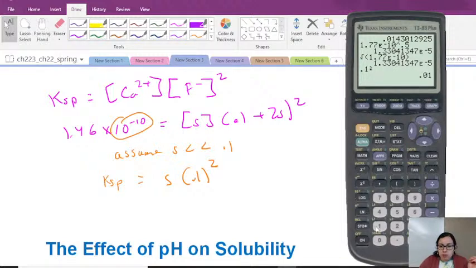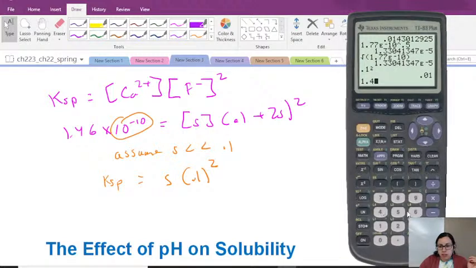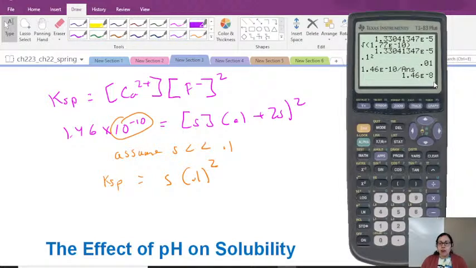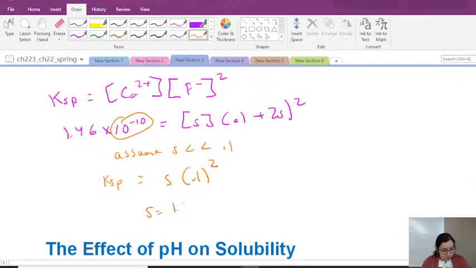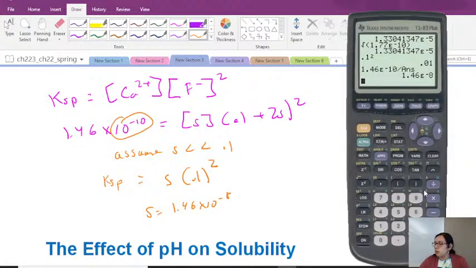Now I'm just going to plug this in, and I get this value for S, 1.46 times 10 to the negative 8, which is pretty small. If we want to check that with our assumption, compare it to that 0.1.